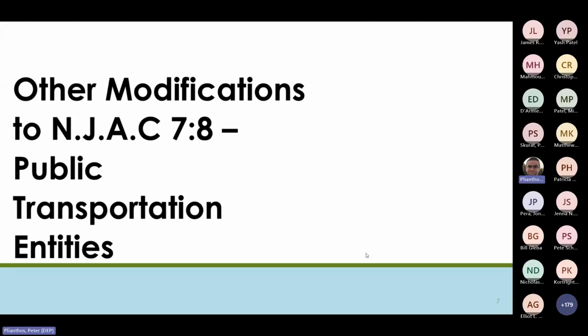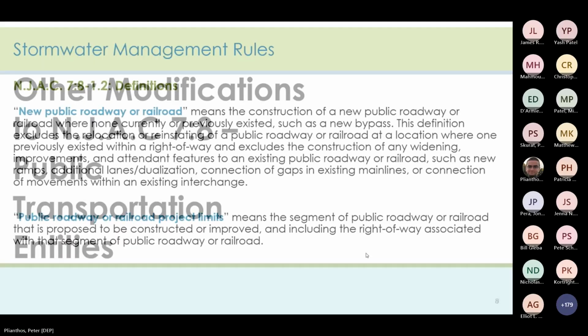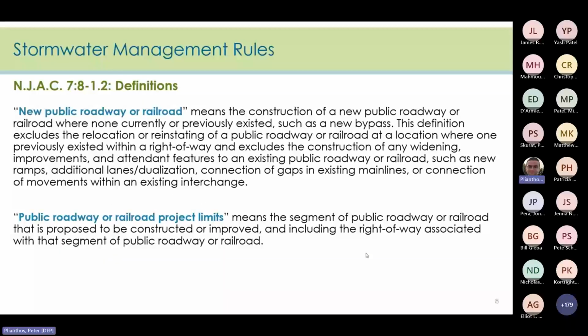Next, we are going to discuss some other rule changes which are grouped together by topic. This one focuses on public transportation entities. Here are 2 new definitions found at N.J.A.C. 7:8-1.2 for new public roadway or railroad and public roadway or railroad project limits.